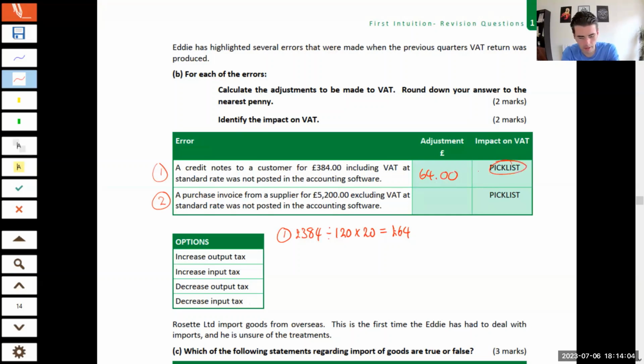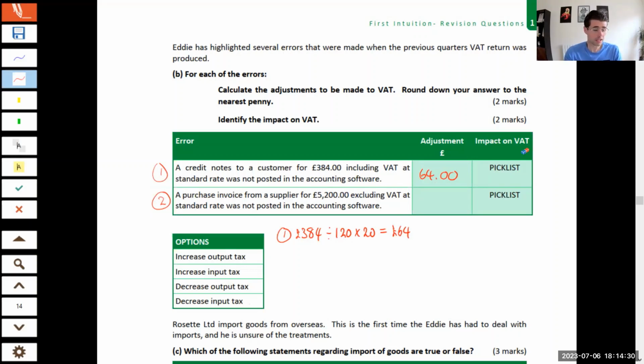Now I need to work out, okay, what has happened to the VAT. Now, think about what a credit note is. And a good way to remember these is think about what the traditional transaction would be. So I know a credit note to a customer relates to sales, doesn't it? So sales is output tax. We know that. And again, I'm pretty confident that you guys are intimately familiar with that at this point.